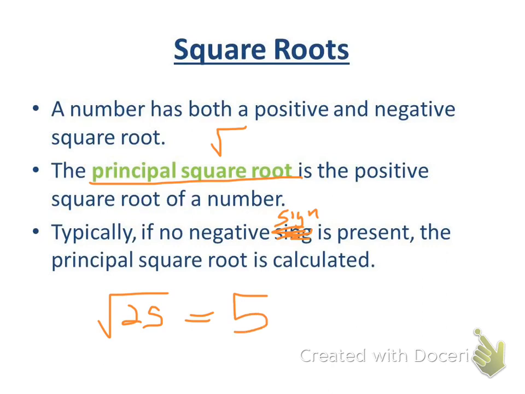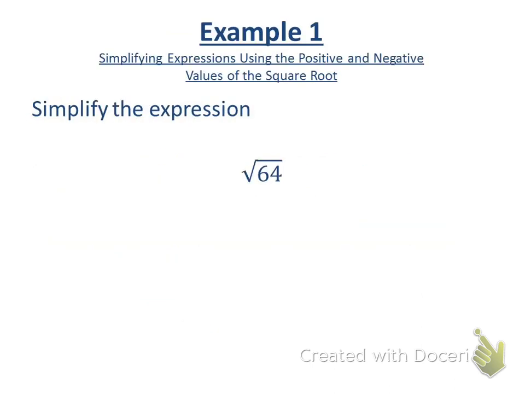Now, 25 has two square roots, but this symbol is only asking for the positive square root of that number. All right, so we've got to make sure that we reiterate that to correct some incorrect understandings from before. All right, so what is this asking us for?